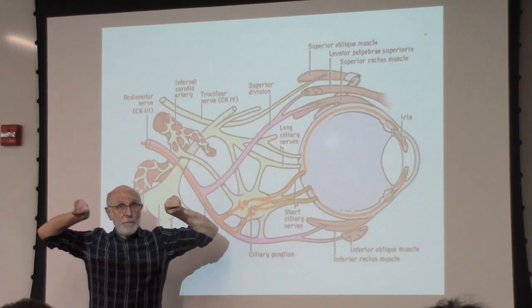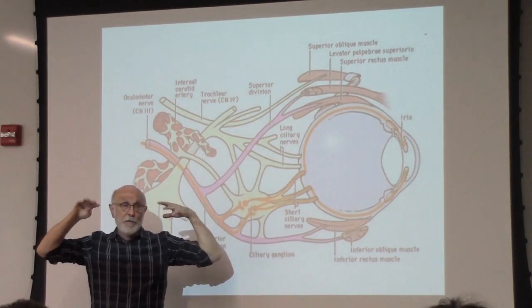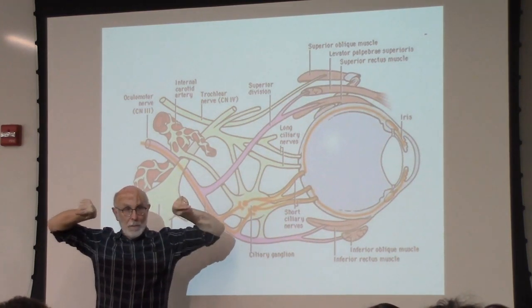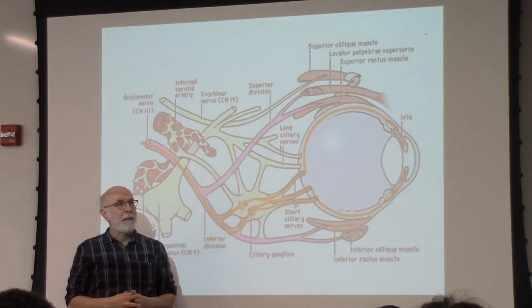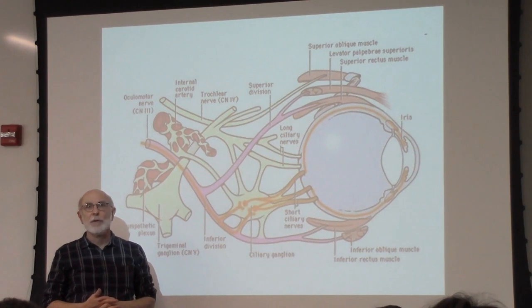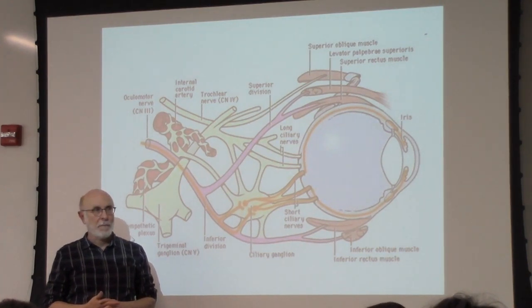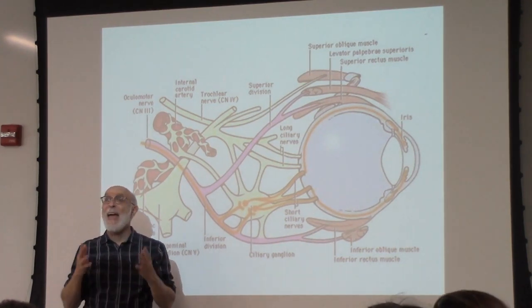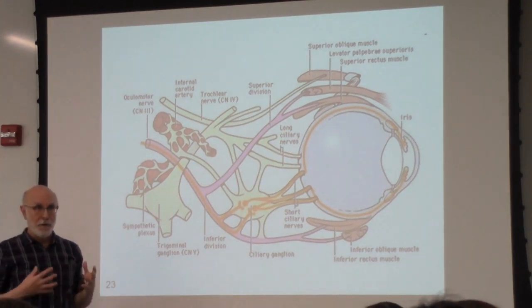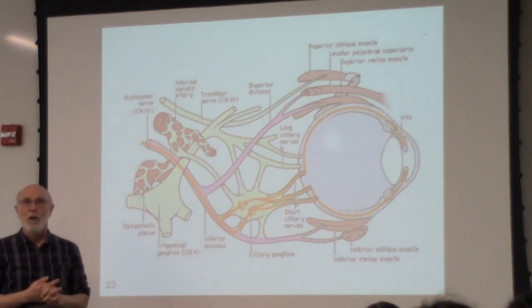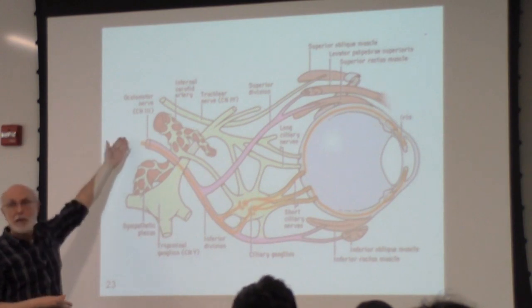That would abduct the eye on both sides, which is a movement I can't do. Bottom line, the abducens nerve innervates the lateral rectus muscles. Everything else in the motor control of the eyes is the oculomotor nerve.